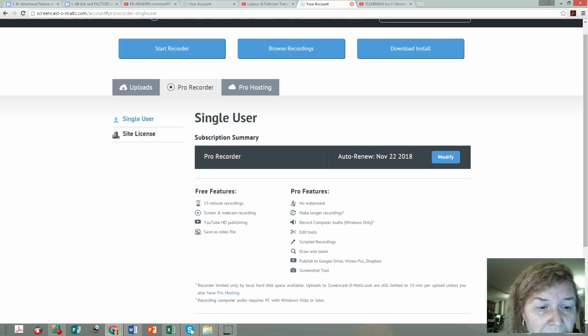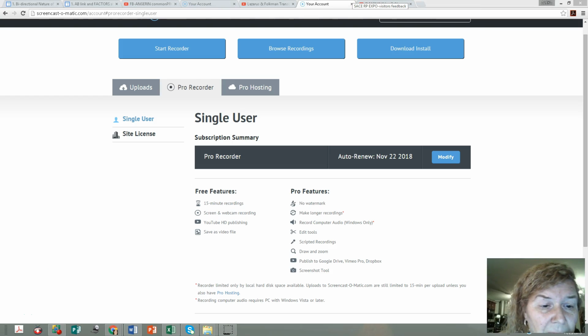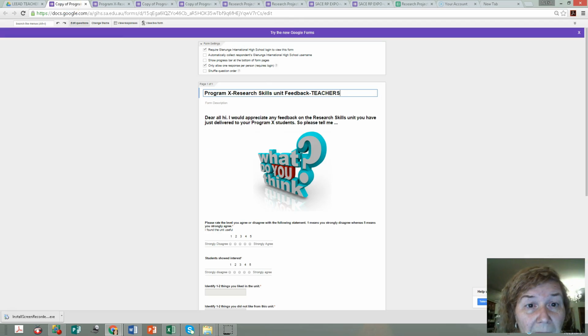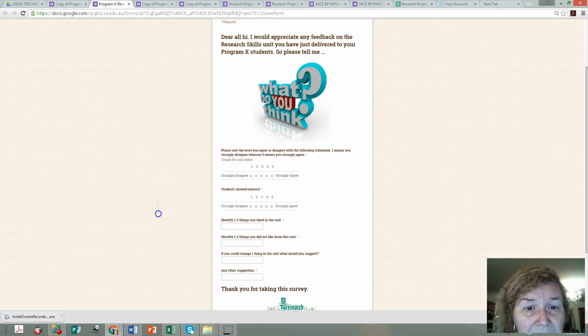Now, if we discuss the last part, how we are using feedback from students, I am using the compass. I don't have access at the moment, but I have used that as a way of getting feedback from teachers and from students.